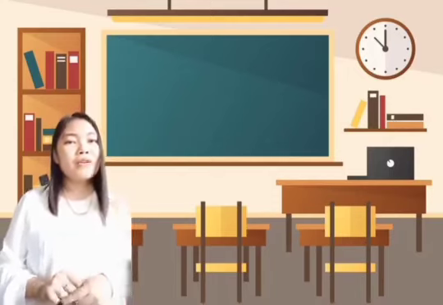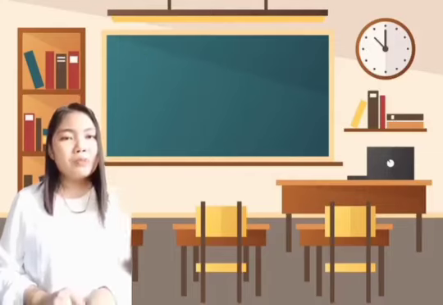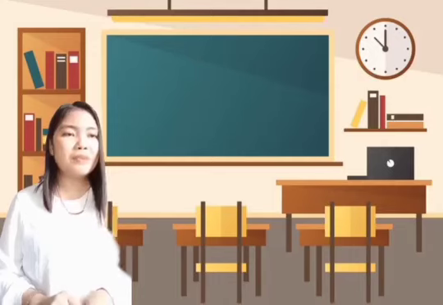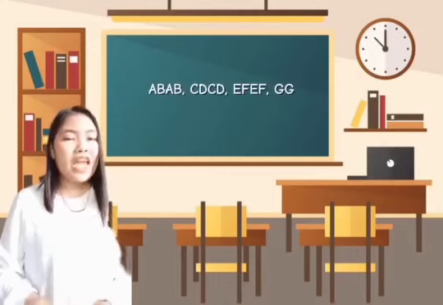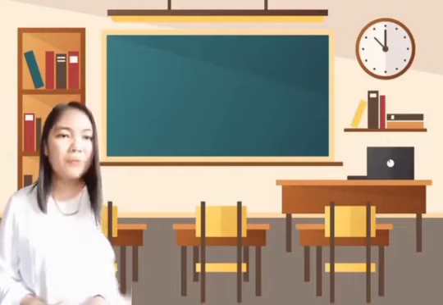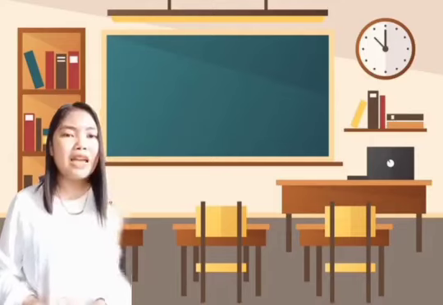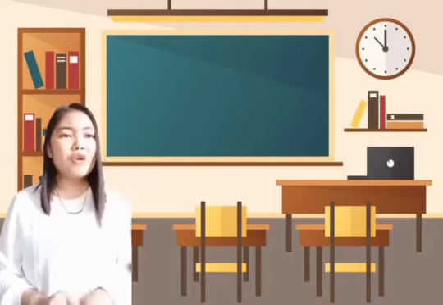Let's talk about the Shakespearean sonnet, which is named after William Shakespeare. The Shakespearean sonnet has the following rhyme scheme: AB, AB, CD, CD, EF, EF, and GG. It is divided into three quatrains of four lines each, and a couplet, to guide you in creating your perfect sonnet.